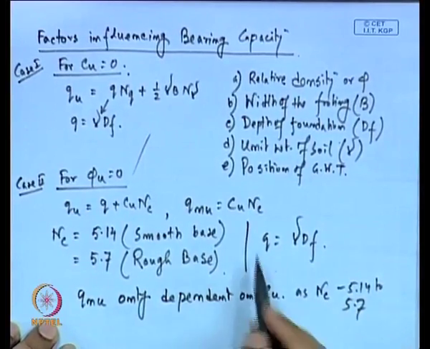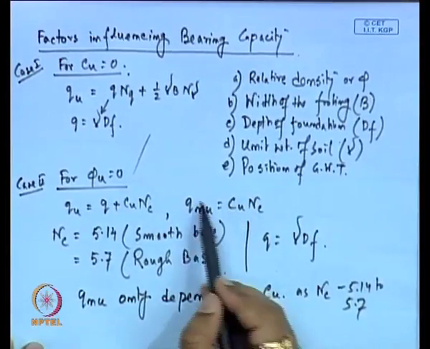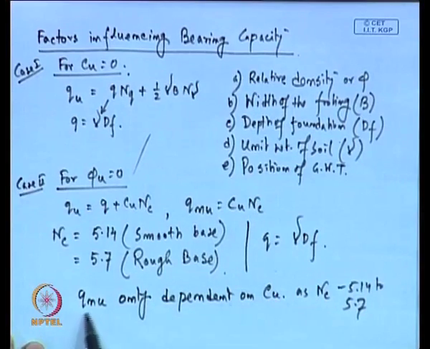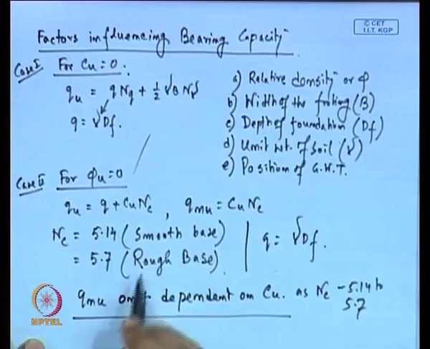So, the only parameter that influences the bearing capacity calculation for Qnu is Cu. So, Qnu is only dependent on Cu, not any other factor.